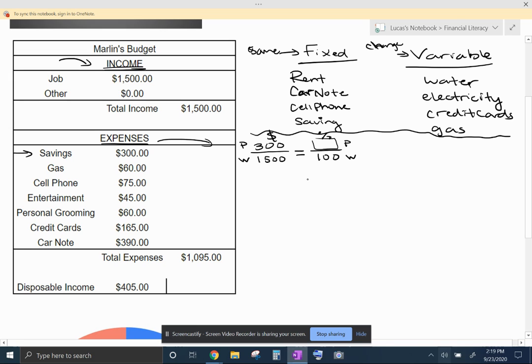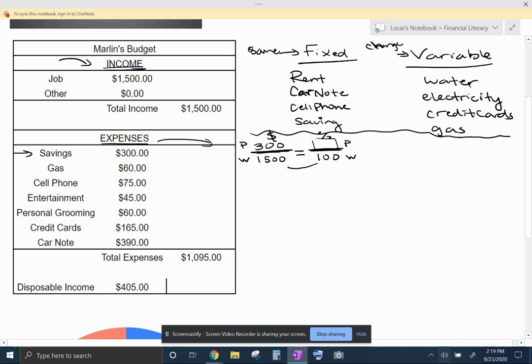We want to figure out our part, which is the percent that 300 is of 1500. Now, there's two ways you could work it out. I prefer, when you completely understand it, you could do it the easy way. But when you are still trying to figure out how to understand it, I would do it this way so you understand that it's still the same ratio, just expressed in a different way. So you could say, how do I go from either 1500 to 100 or 100 to 1500?